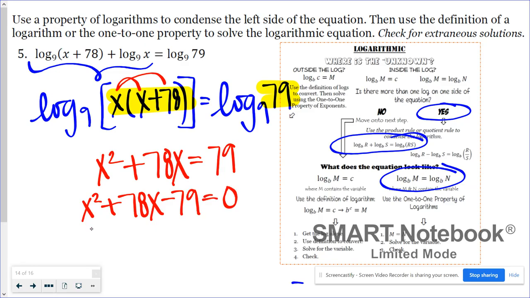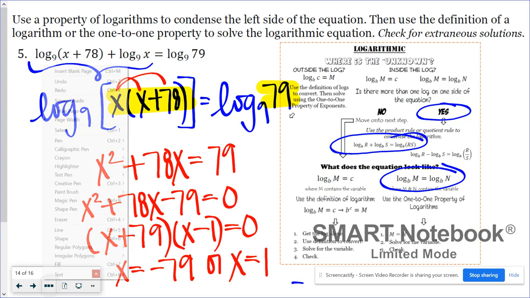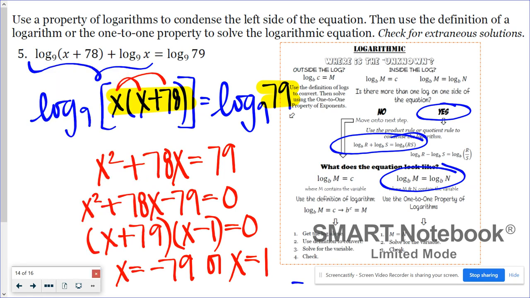So I know that 79 times 1 is 79. The 79 would have to be positive, and the 1 would have to be negative. So algebraically, I get two solutions here. I get x is equal to negative 79, or x is equal to 1. Since we're talking about a logarithmic equation, I have to check for extraneous solutions.